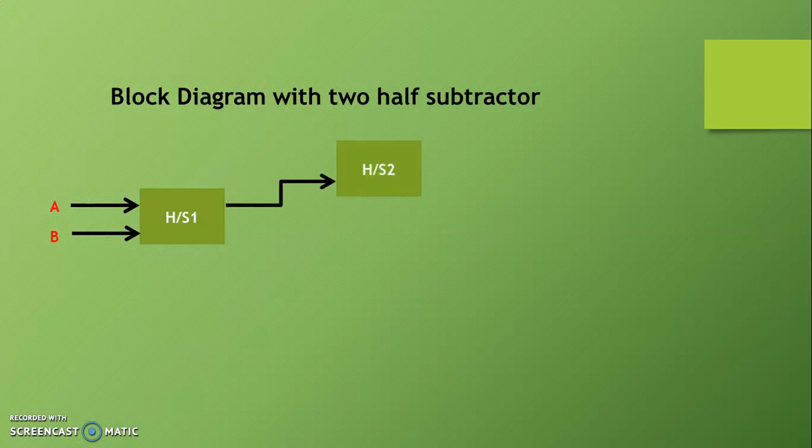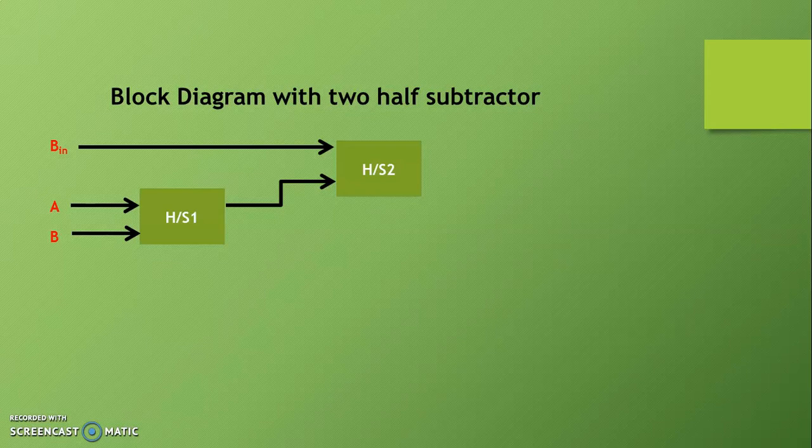We give the difference output of the first subtractor to the second half subtractor, and at the same time the borrow from the previous stage that we give as one of the inputs to the second half subtractor.